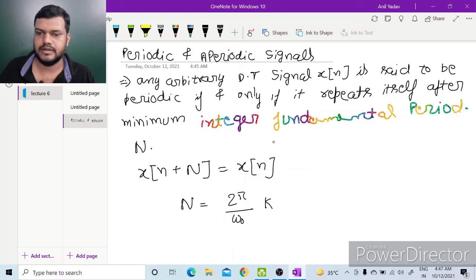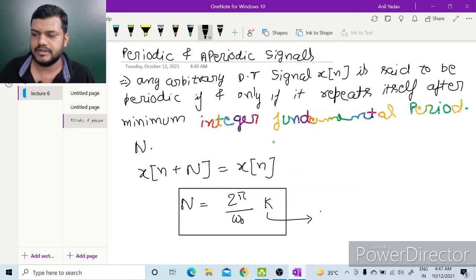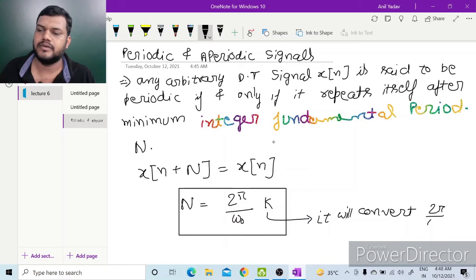And here k represents that minimum integer value which will convert 2 pi by omega naught into an integer.